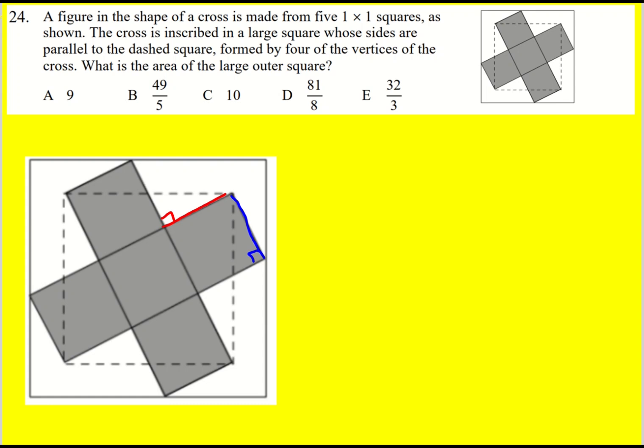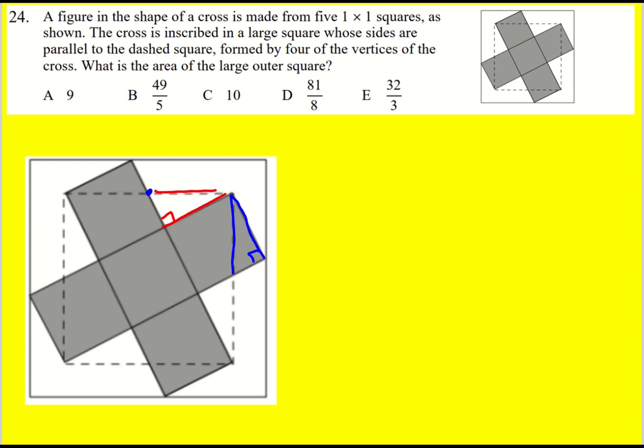And one other argument we can make is that due to the symmetry, this must be the midpoint of the dashed square, which means that this here must be the same as this. And that's enough to say they're definitely congruent.